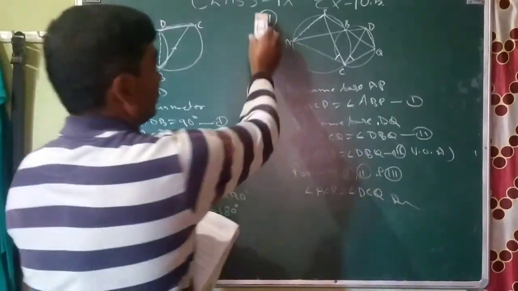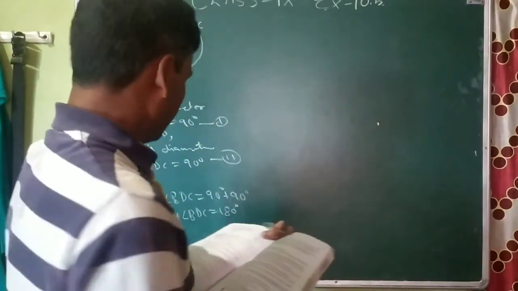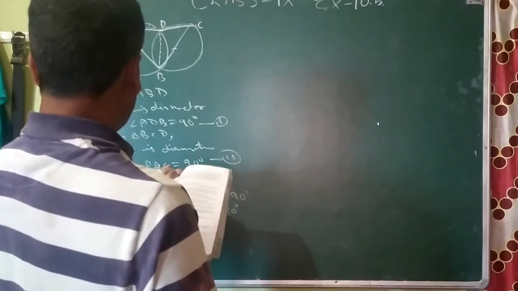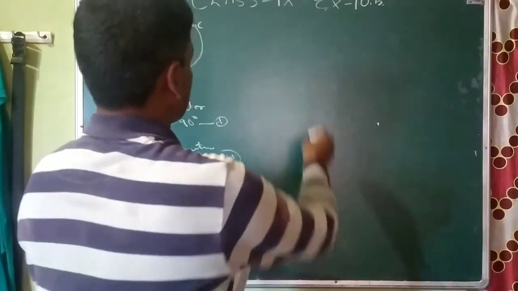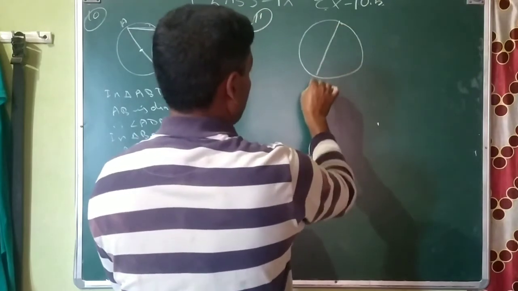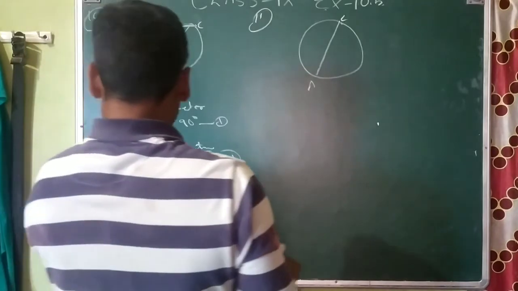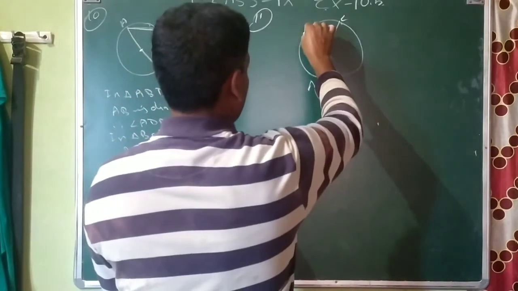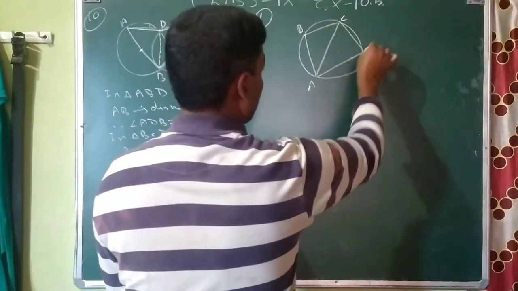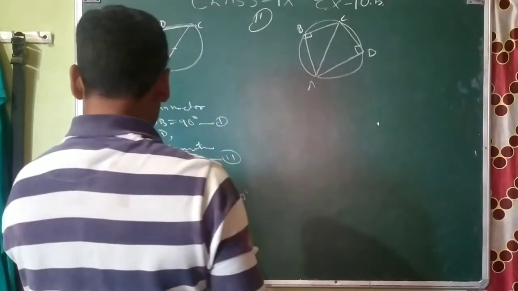The 11th question is that ABC and ADC are two right angled triangles with common hypotenuse AC. That is a common hypotenuse AC, and here will be B, or here will be D. So this is the hypotenuse, so this will be 90 degrees, this will also be 90 degrees.